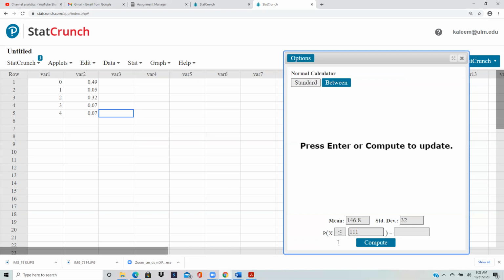So the reason is that the normal distribution is a continuous distribution. In a continuous distribution, it doesn't matter whether you say less than 111 or less than or equal to 111, it's the same thing. In a discrete distribution, it makes a difference. Now, can you tell me the two discrete distributions that we have mainly studied?